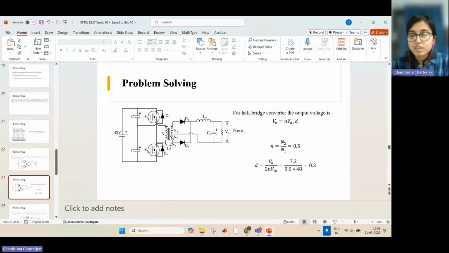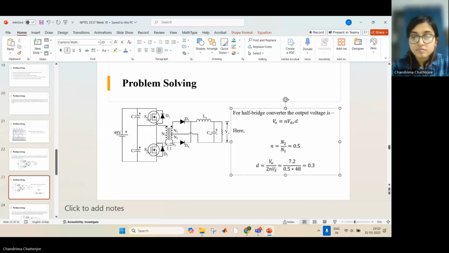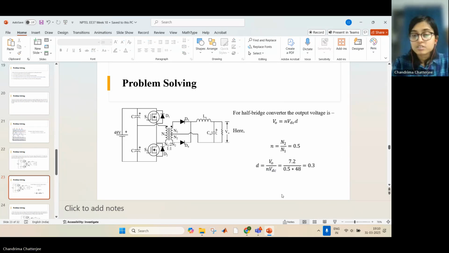So N is 0.5 and D will be V0 by 2 N VDC. So N is 0.5, VDC is 48. So this comes out to be 0.3. This is the duty ratio.